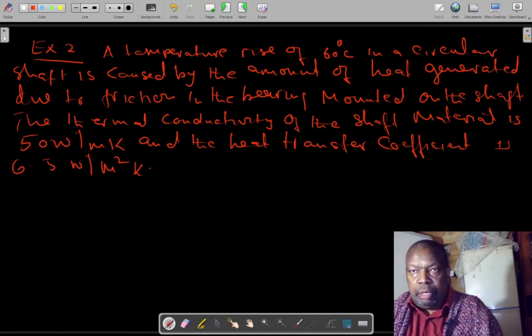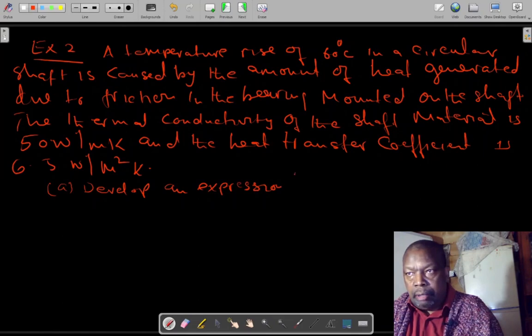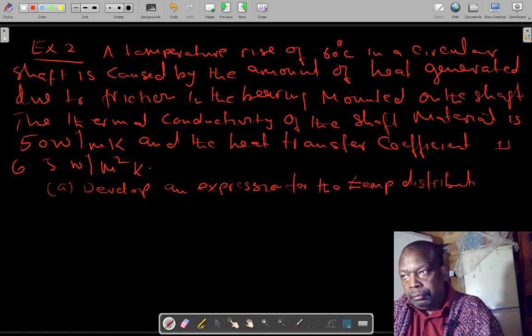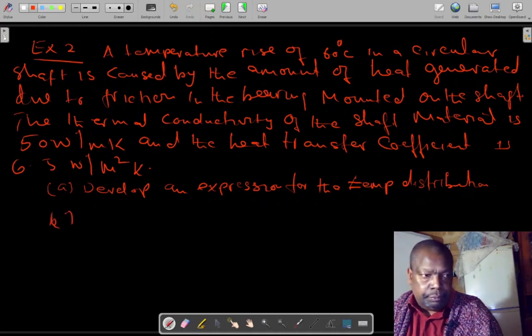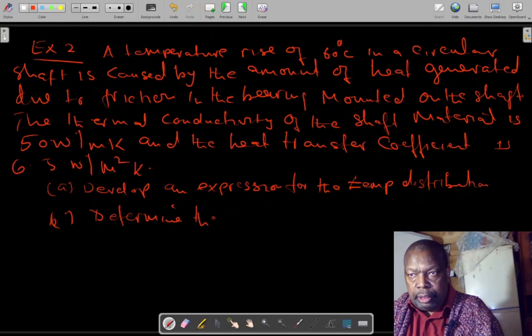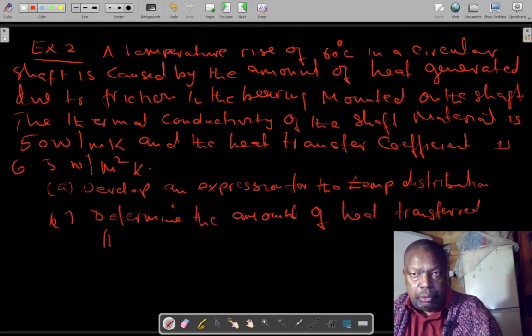It is required of us to develop (a) an expression for the temperature distribution, and (b) to determine the amount of heat transferred through the shaft.